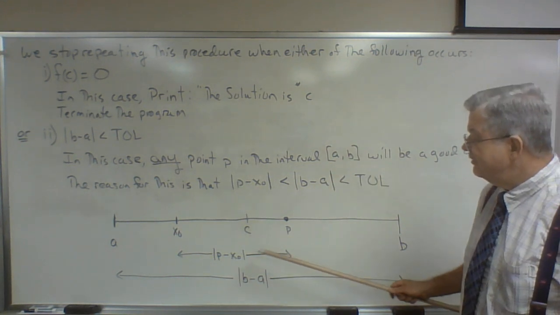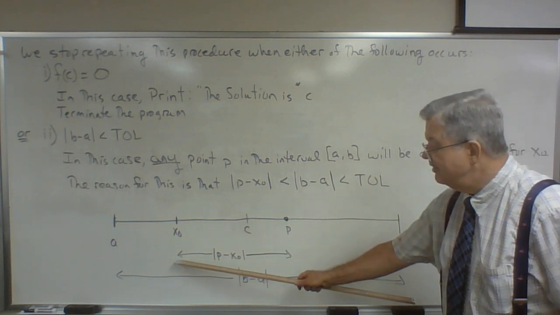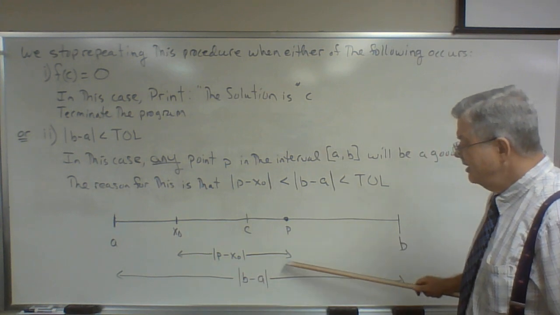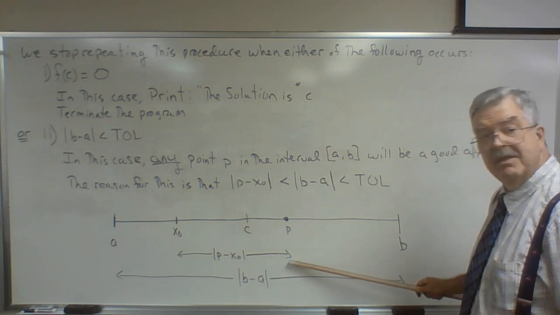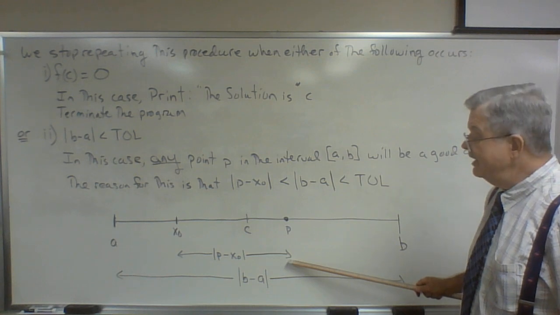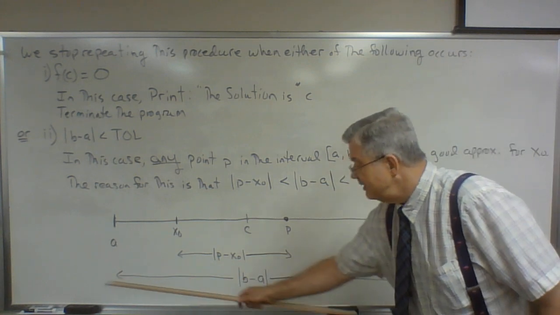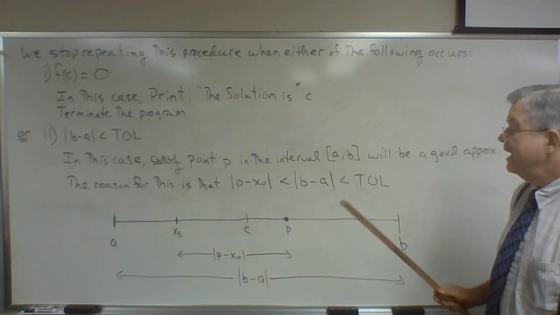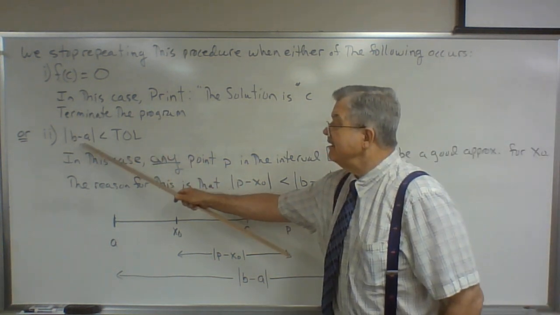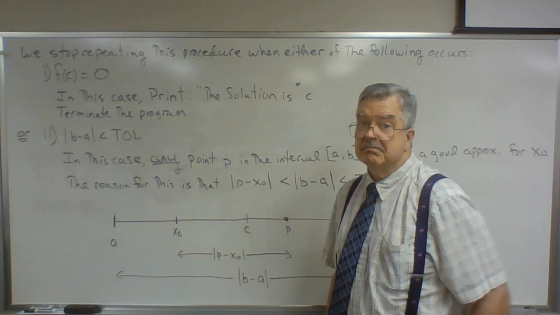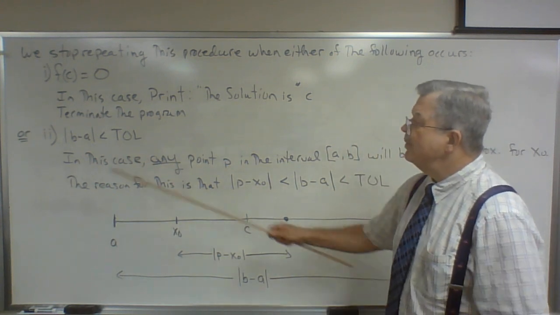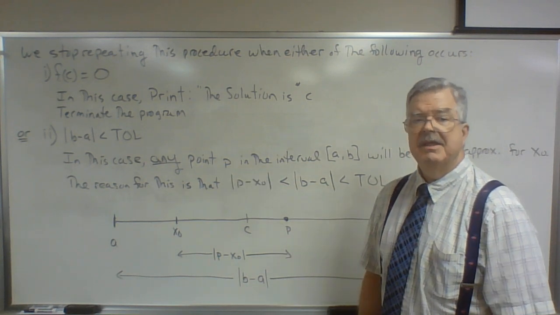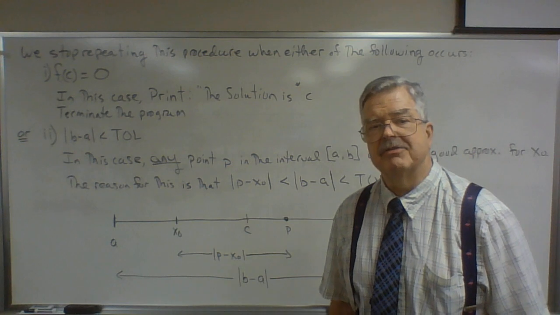Here's the difference of P and x0. It's this distance right here. This is the difference between P and x0, which is a heck of a lot less than the length of this interval, B minus A. And B minus A is less than our tolerance. So at this point, when this happens, any point P in our interval will be a good approximation.